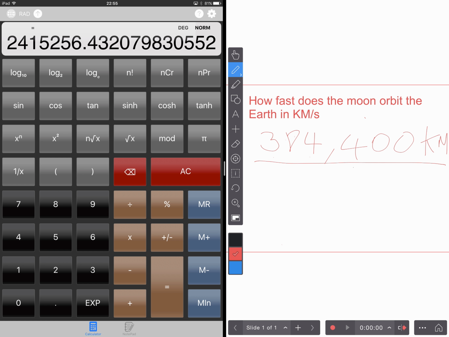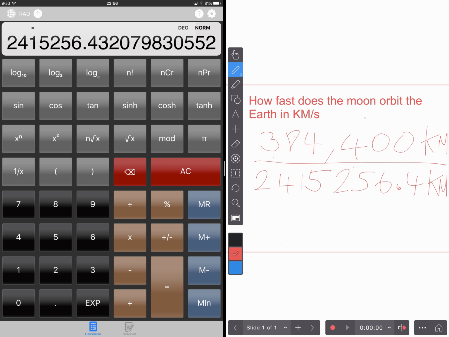We'll do our answers to one decimal place, so that's 2,415,256.4 kilometers. That's how far it travels in one orbit.